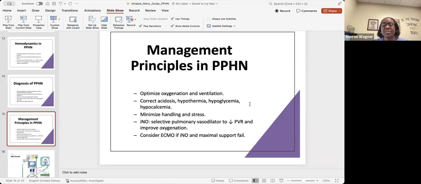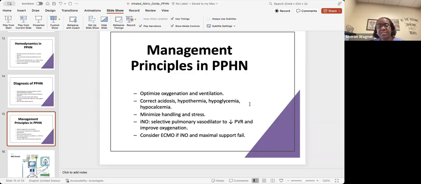So management is to optimize oxygenation and ventilation, correct acidosis, make sure the baby is normothermic and euglycemic, and has normal calcium levels. And these babies are very, very touchy and finicky, so you will not need to touch these babies as frequently as you would a normal baby.